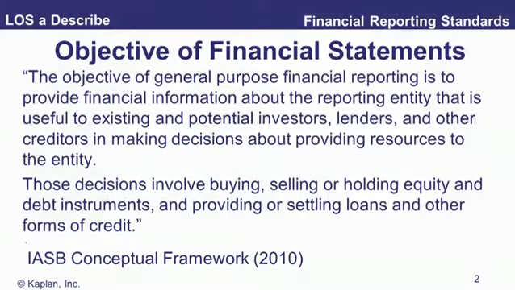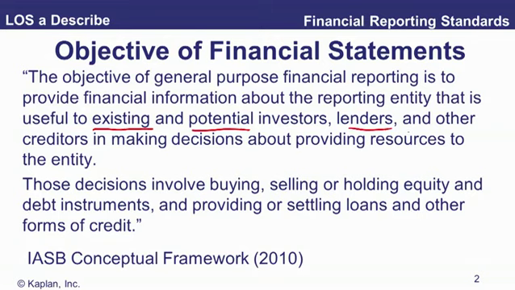And look, we've got this conceptual framework from the International Accounting Standards Board that we covered in an earlier reading. Remember, this is really talking about the objective of financial reporting, and it's extending it to more than just the shareholders. We are reporting to the shareholders, not just the current shareholders, but also potential investors. And it goes beyond shareholders.